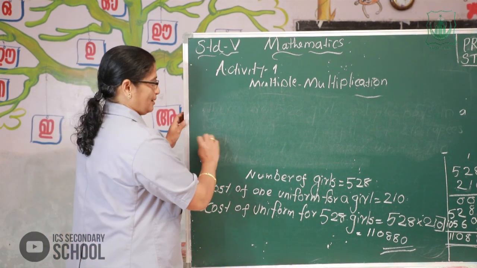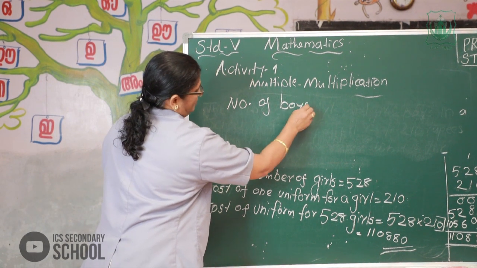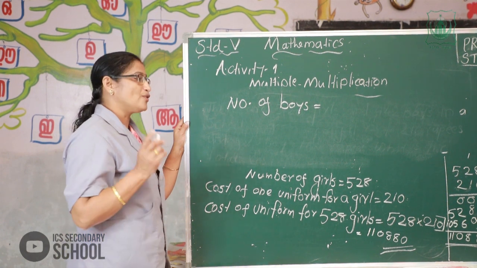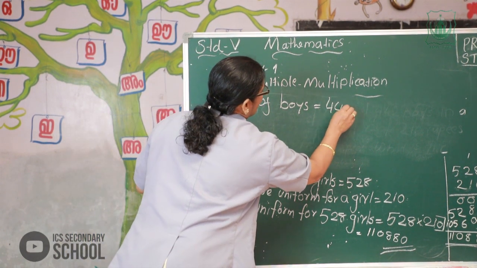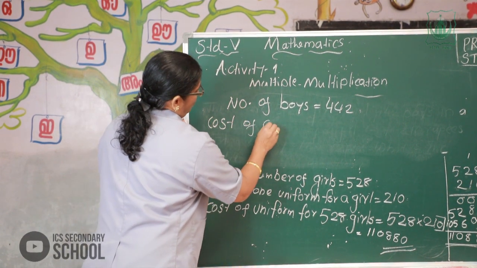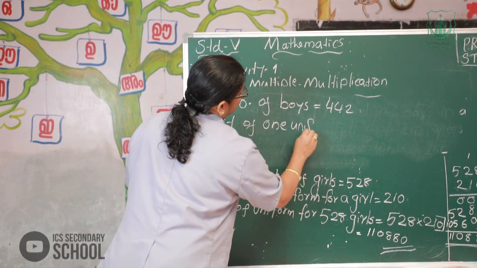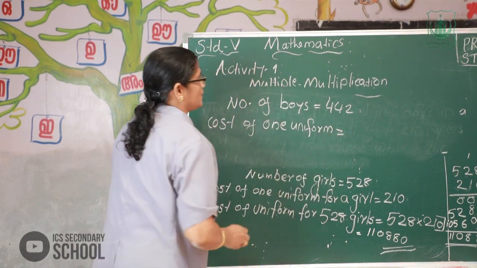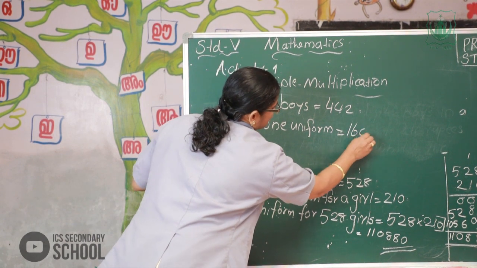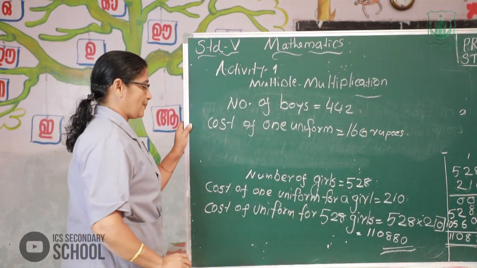Number of boys, 442. Cost of one uniform, boys uniform, right? 160 rupees.